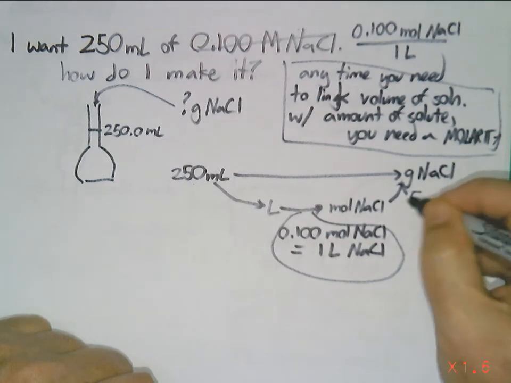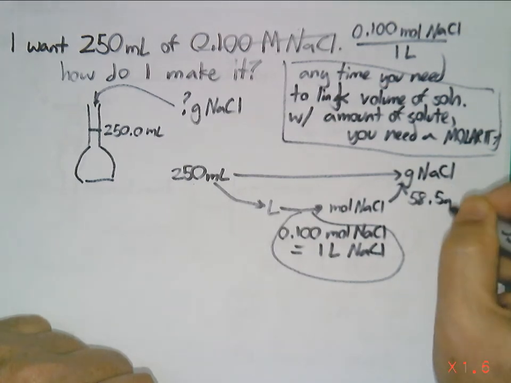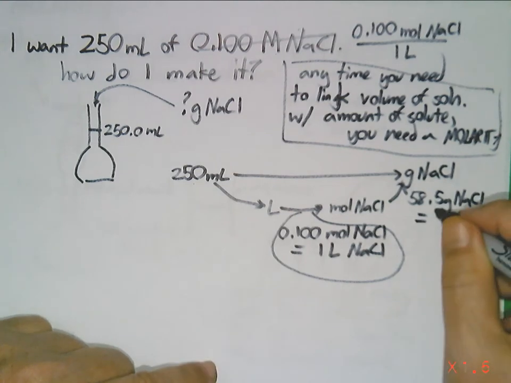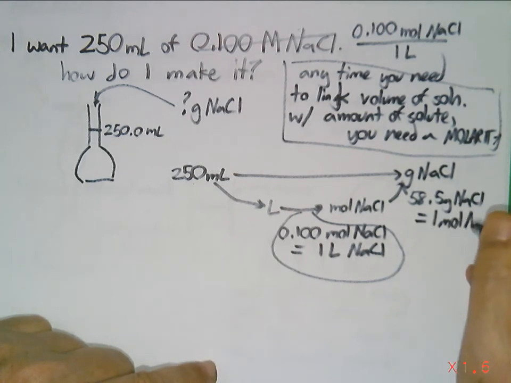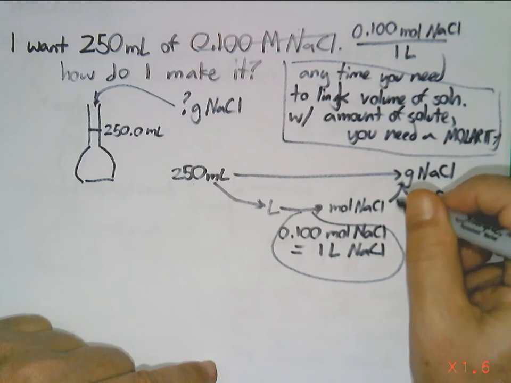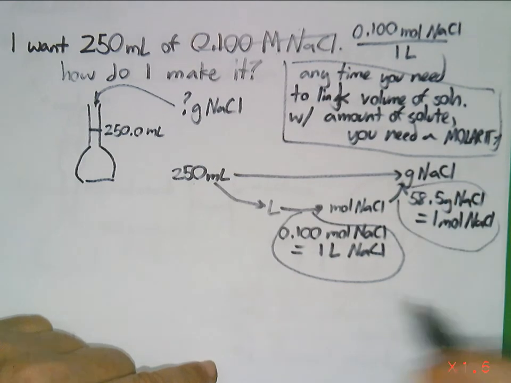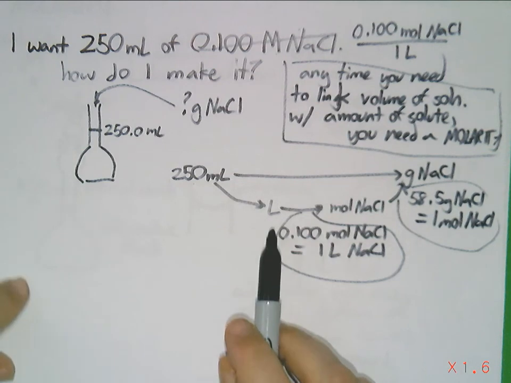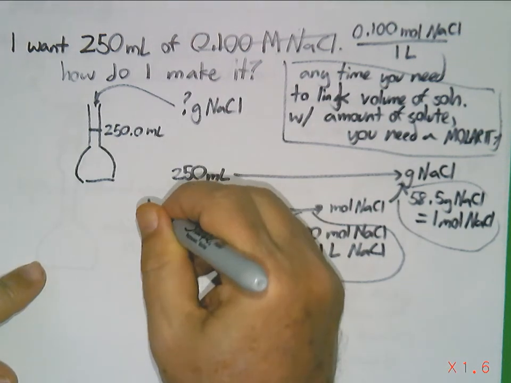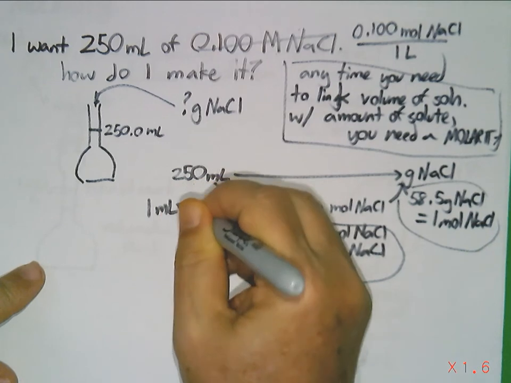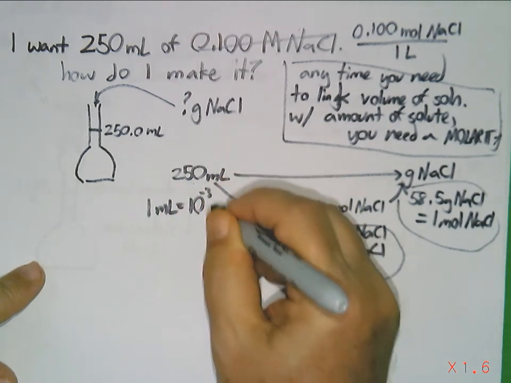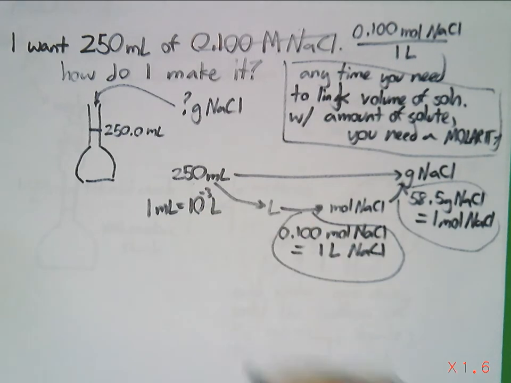And that's our 58.5 grams of NaCl in 1 mole of NaCl. Okay, and now I need a link between milliliters and liters. And we know how to do that. 1 milliliter is 10 to the minus 3 liters, since milli is minus 3. So there's my link there.